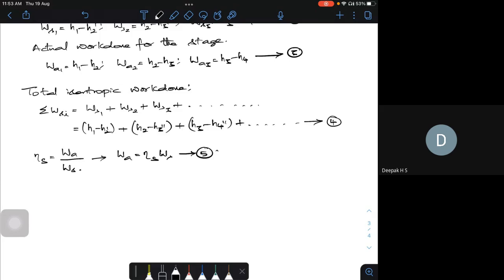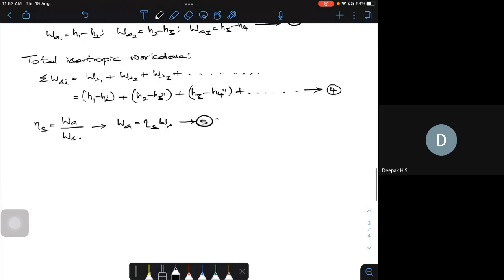So, total isentropic work done I have written. In a similar fashion, I can write the total actual work done.